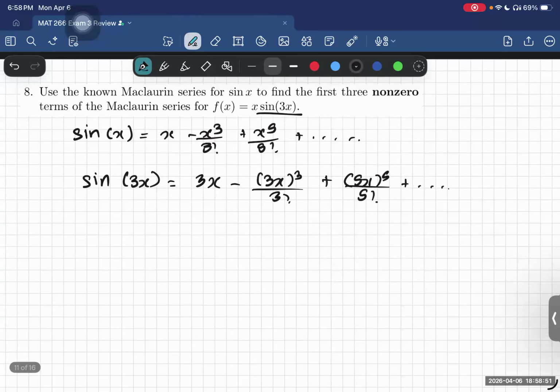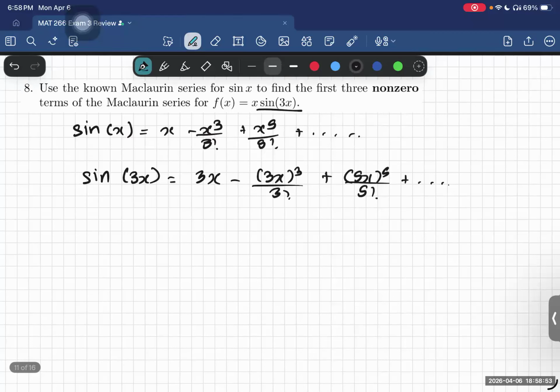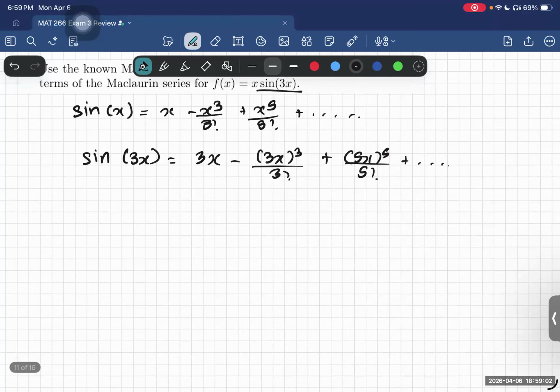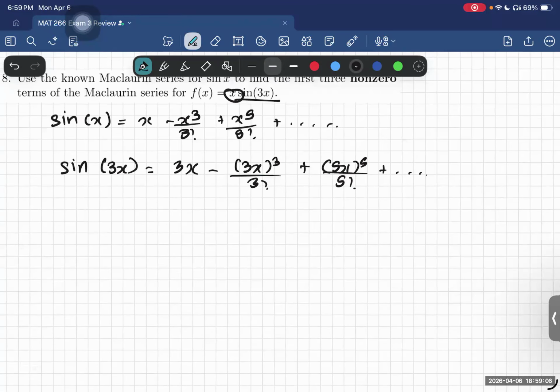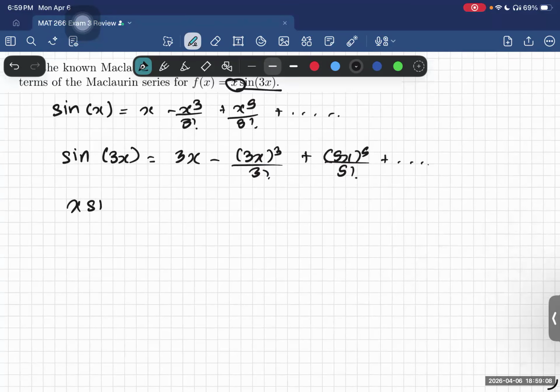Okay, so if we solve this, we'll get, for example, 3 cube gets 9, and then 3 factorial is, let's say 6. So yeah, you get the idea, and you can just solve this. But again, if you see, we have an x term. So for that, let's see what we can do.